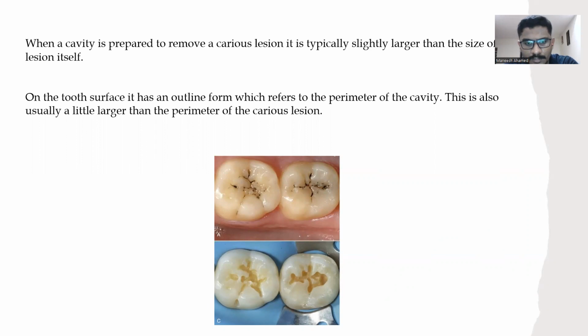So this is an important terminology, that is the outline form. It defines the perimeter of the prepared cavity or tooth preparation. And it is usually larger than the perimeter of the caries lesion. So the outline form of the cavity, that is the line of demarcation which defines the extent of cavity, is usually slightly larger than the perimeter of the caries lesion, and it should rest on the sound tooth structure.